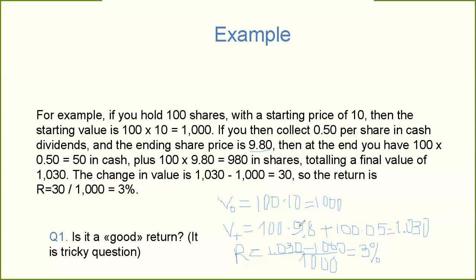Yes, but I wrote that it's a tricky question. And tricky means that in this example, we don't know about the time period. Understand? You see, in this example, we don't know anything.